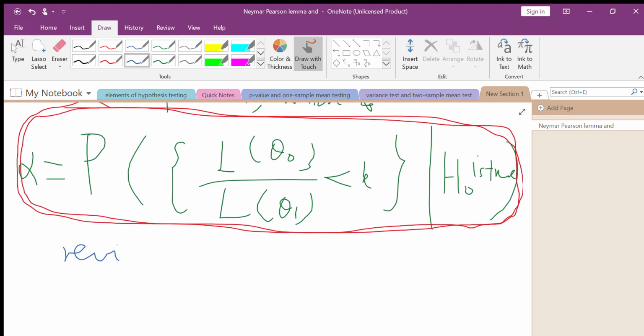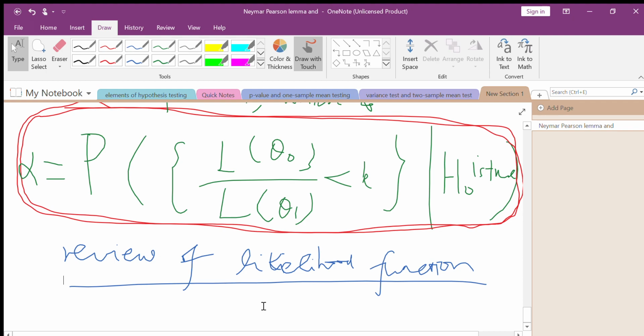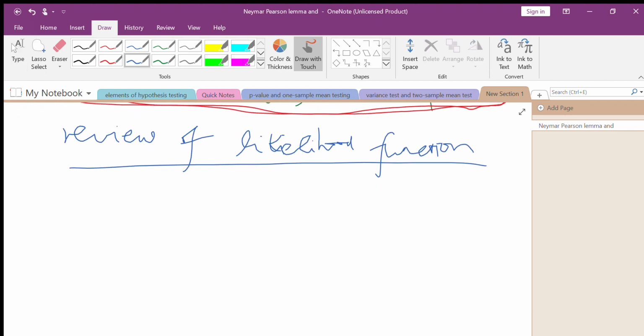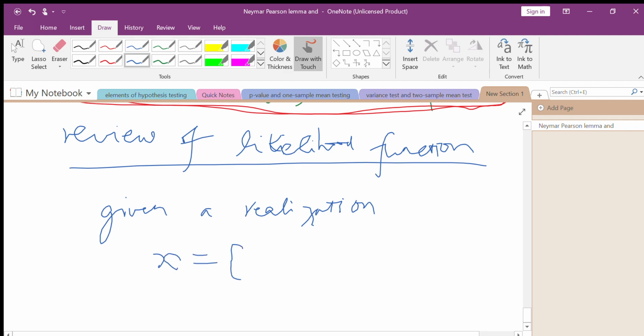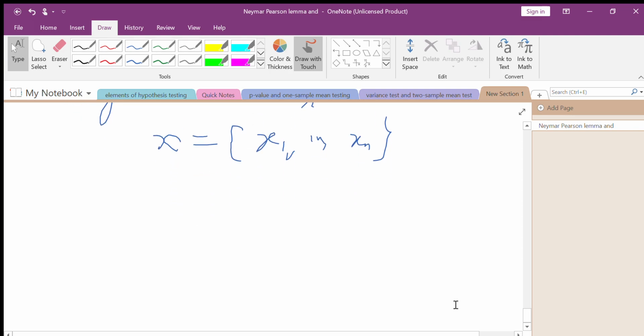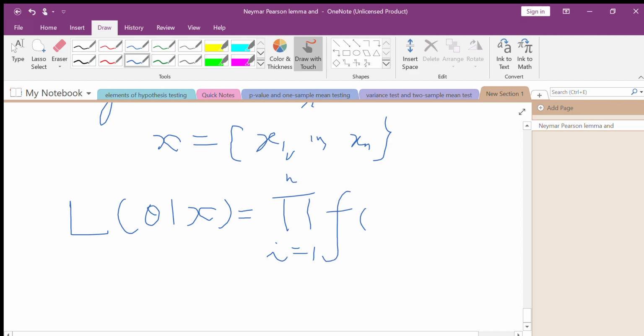Given a realization small x, a set of realizations of the random sample small x1 to small xn, the likelihood function of the parameter of interest, the likelihood capital L of theta given x, is just the product, i from 1 to n, of the probability density function of small xi given theta.